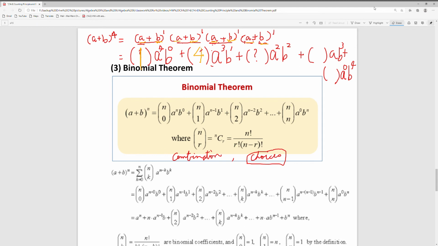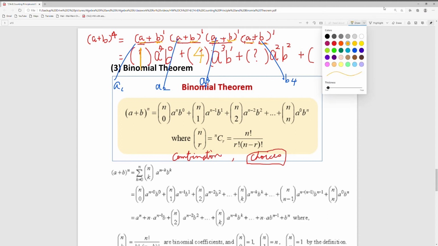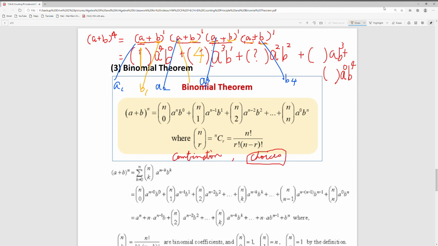So in other words, you may choose a1, a2, a3, and then b4. And you don't do permutation because this is one choice. And another type of choice, you may say, I choose b1 and a2, a3, a4.